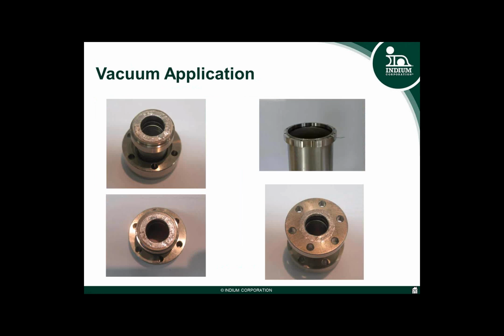And on the right hand side at the top, you can see that somebody has made their own gasket material, possibly as an emergency measure or possibly by design, but they've actually twisted indium wire around the circumference of that device, and you can see the tail of this wire just hanging off on this side.